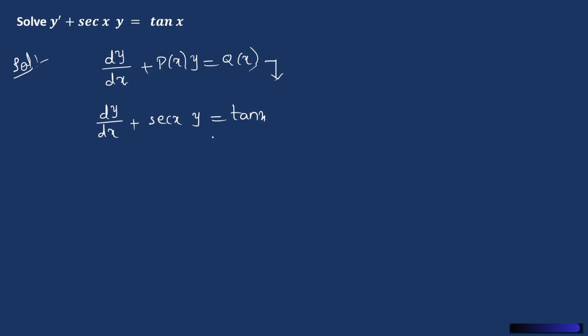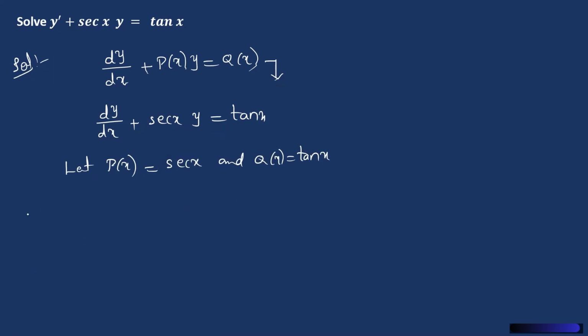When this is a linear differential equation in y, how are we finding the solution? When you compare these two, before that, I'm writing what p of x and q of x are. Now see, when you compare these two expressions, you can understand p of x is the coefficient of y, so it is secant x. And if you take the right hand side function, q of x, it is equal to tan x, right?